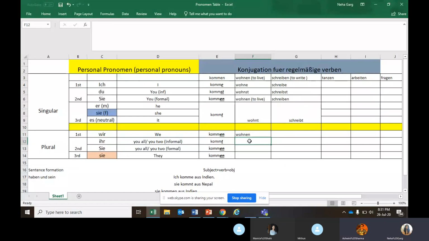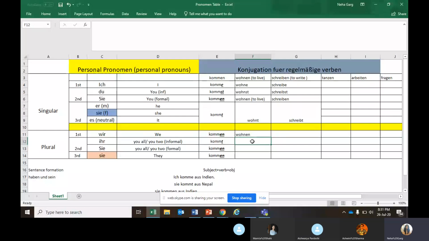What is the infinitive form? Infinitive like this kommen, the normal version, not conjugated, with the en. Like the non-conjugated form you can consider. So with wir, with plural, it would be wohnen, kommen.